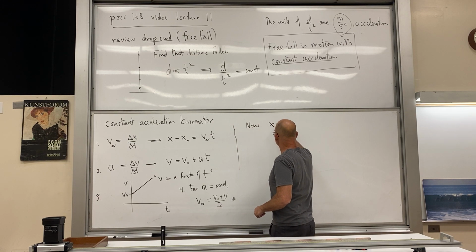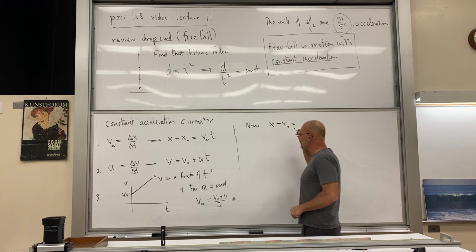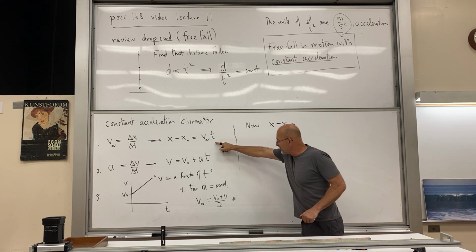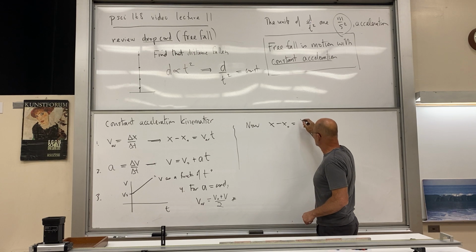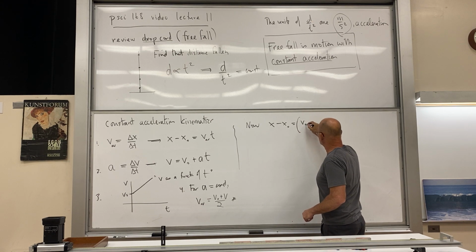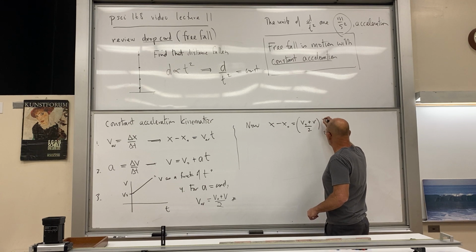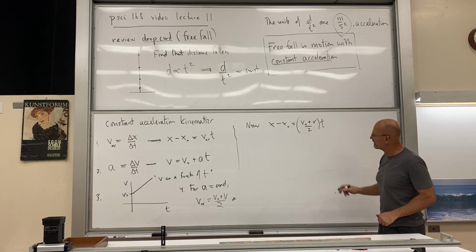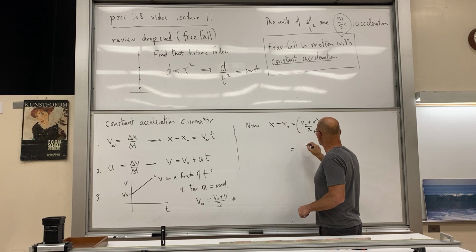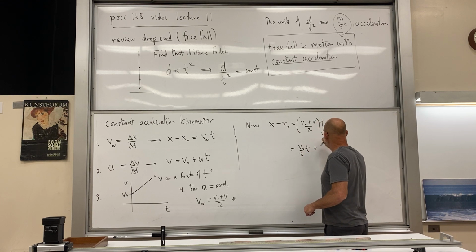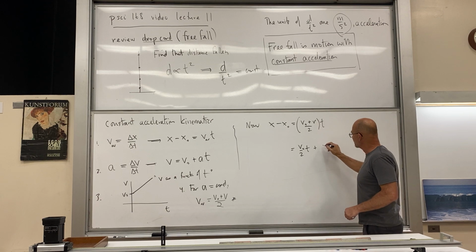Now x minus x0 equals V average t, which is V0 plus V divided by 2 times t, which equals V0 divided by 2 times t plus V divided by 2 times t.